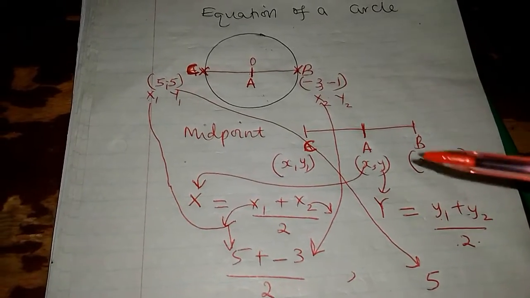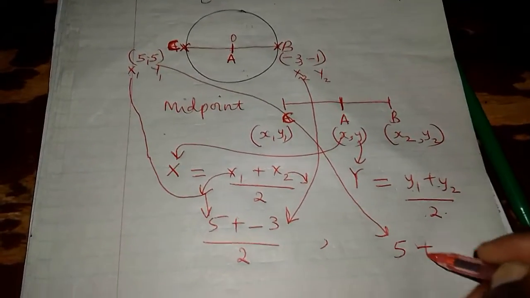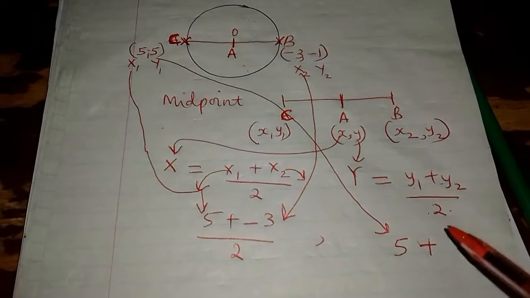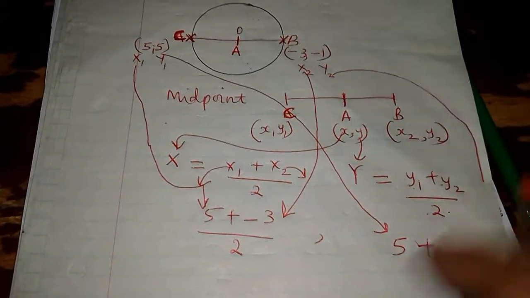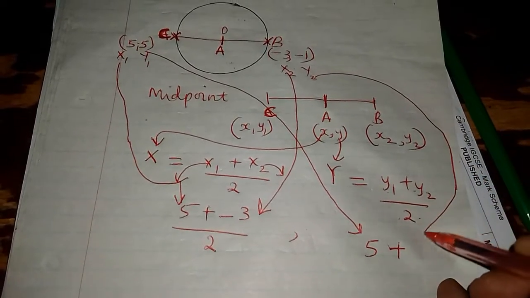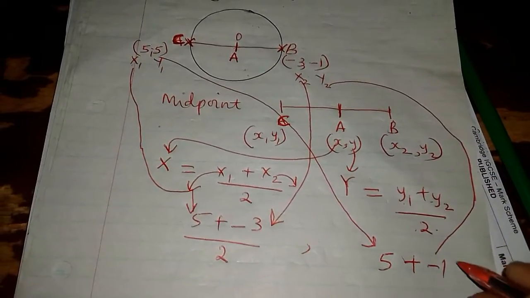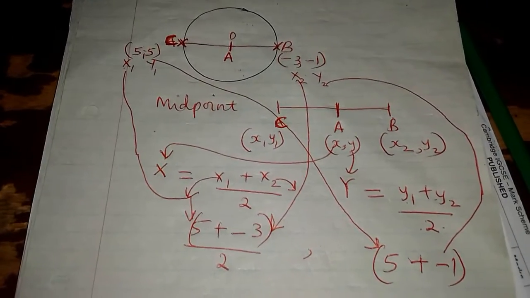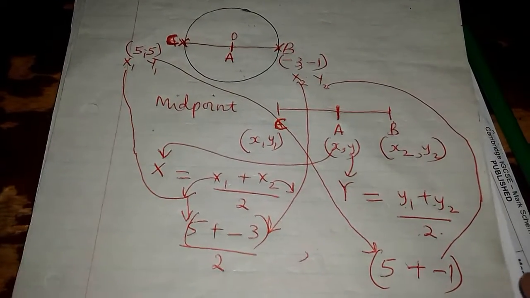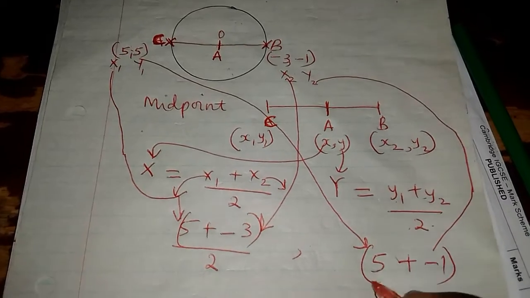Then plus our y2 is here, I'm going to write here negative 1. So I'll divide this by 2.